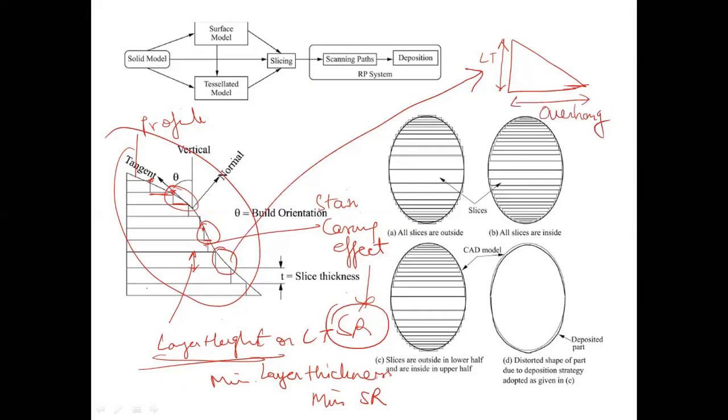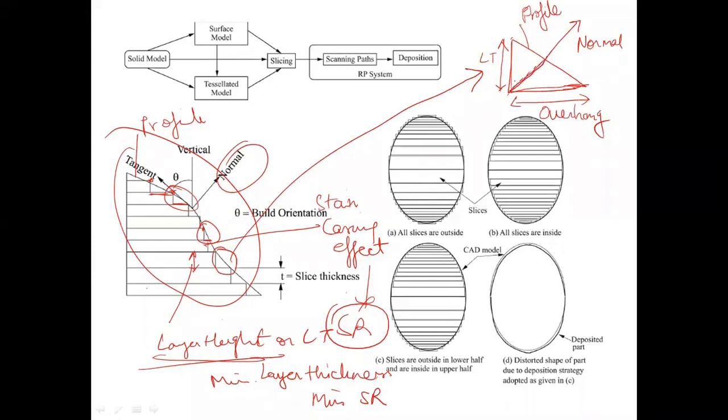Now, if I take this vertical surface normal and project it backwards, this is the surface normal and this is the profile. If I project this surface normal back, this triangle is going to be the source of any potential surface roughness that is being developed.